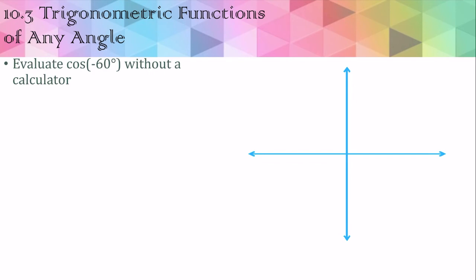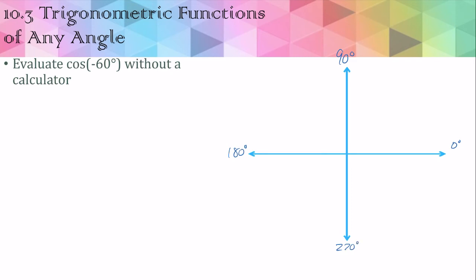All right, so now we can use reference angles to evaluate functions without a calculator. So evaluate cosine of negative 60. Well, some of you will do just fine with the negative 60. Some of you will need other help.